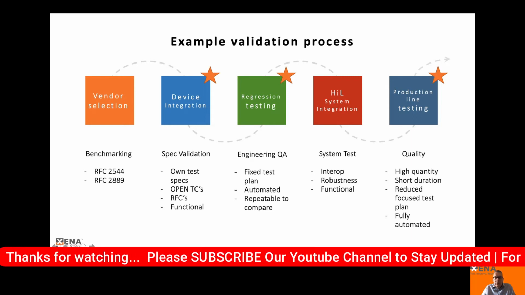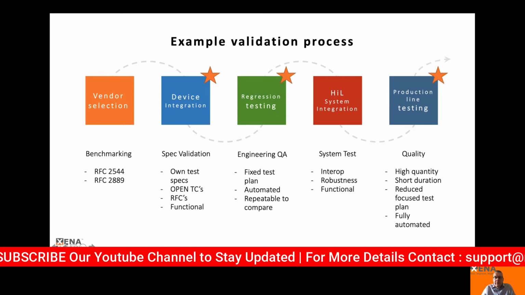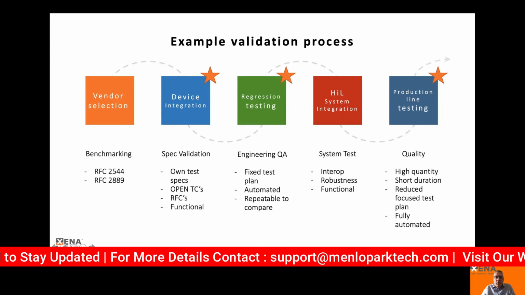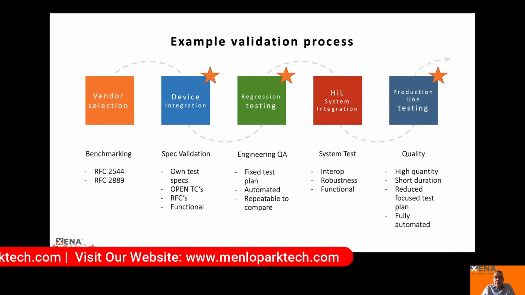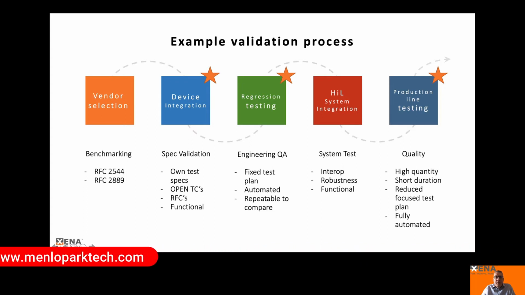And usually you're just doing a benchmark test, right? You want to quickly find out how the performance of the switch is, how the function of the switch is, and you want to compare this against each other as a real selection. And that's the traditional RFC 2544 or the RFC 2889.